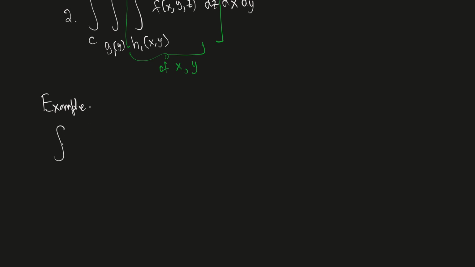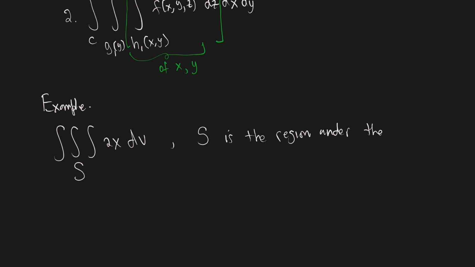So let's say this is what we want to integrate. I'm going to choose a pretty simple function. So it's 2x, really simple, dV. And then here is my region, and now I'm going to describe what S is. So S is the solid or region, I'm going to take a very simple kind of surface, under the plane, right?